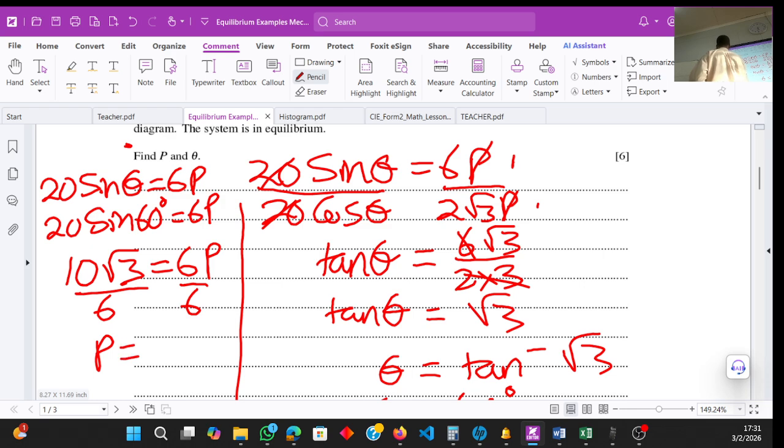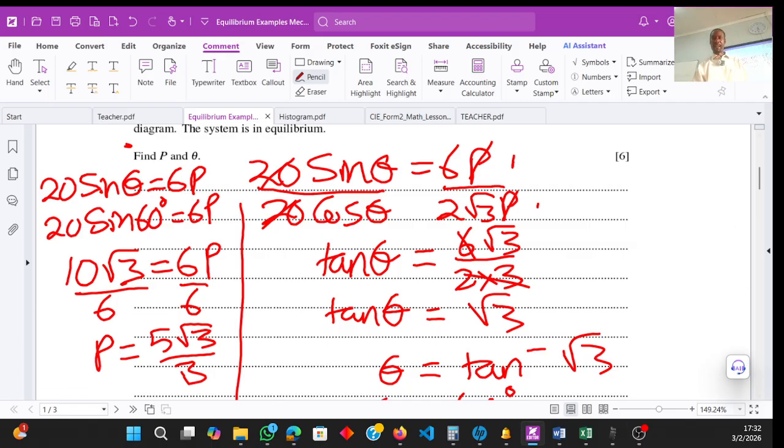Therefore, my p in exact form is going to be 5 root 3 over 3 when I divide both numerator and denominator by the highest common factor, which happens to be 2. I think basically that's what we had on the first problem.